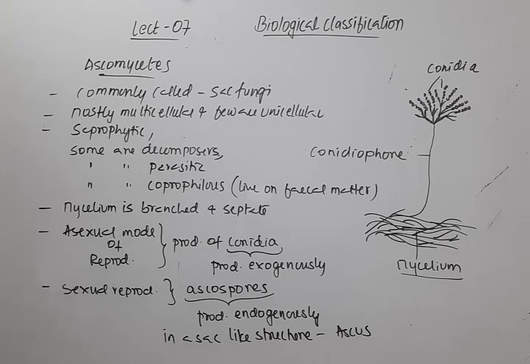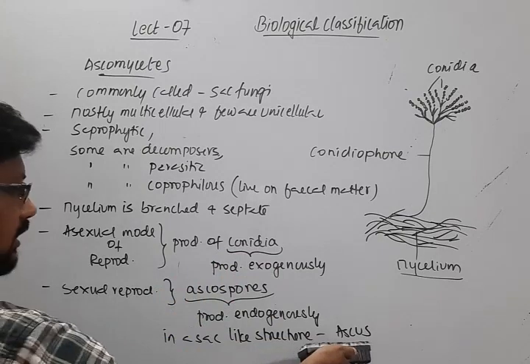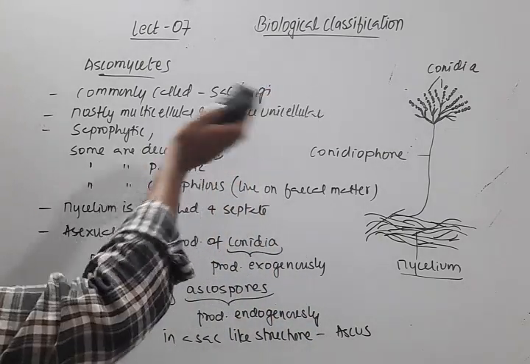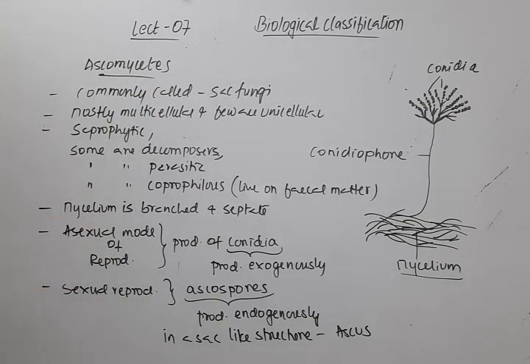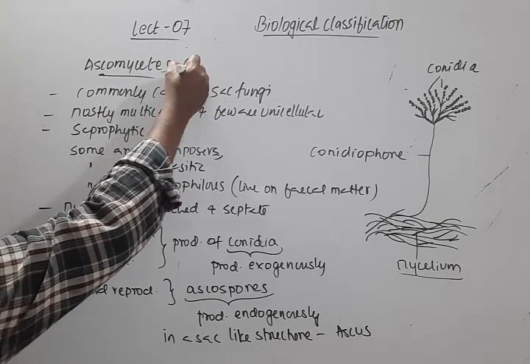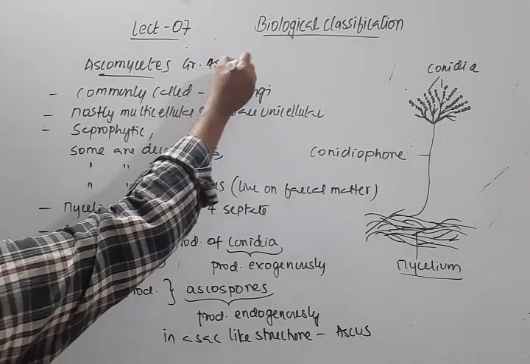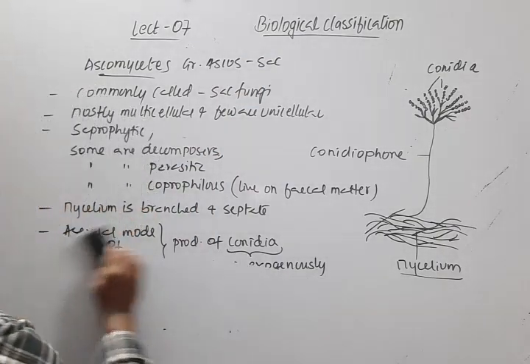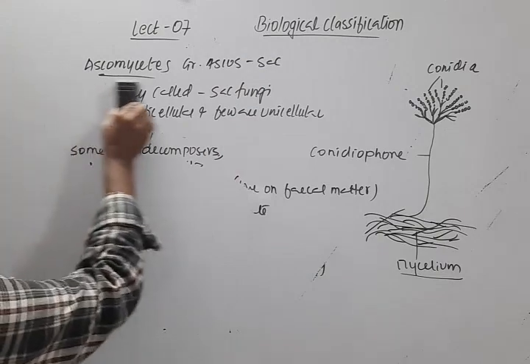These asci are arranged in fruiting bodies called ascocarps. I'll discuss that in detail. Because of this structure, the group has got the name sac fungi, from the Greek ascos, which means sac. Let's see how this sexual reproduction takes place.